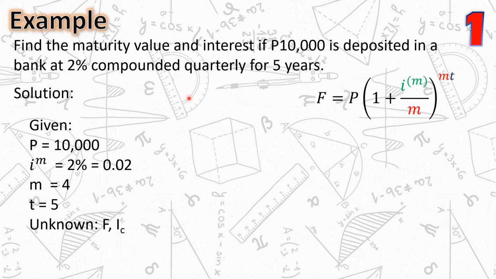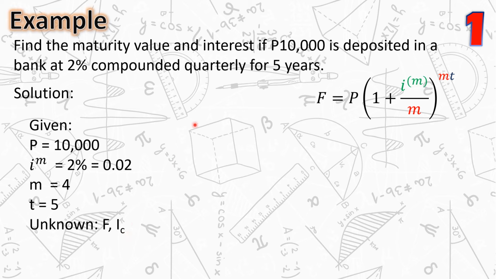For our formula, we're going to use the formula for future value, compounding more than once a year. From the formula, we can simply substitute all the given values and solve for the future value. And after getting the future value, we only need to subtract the principal from that amount to get the compound interest.